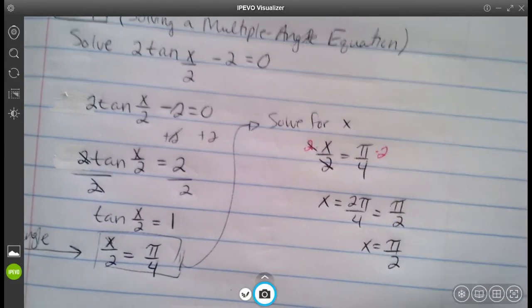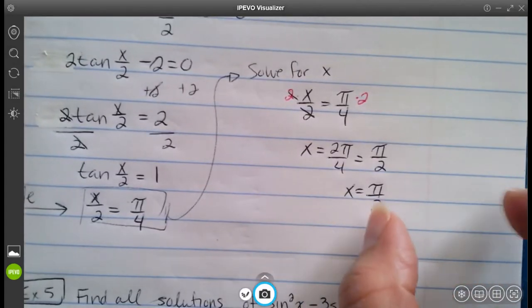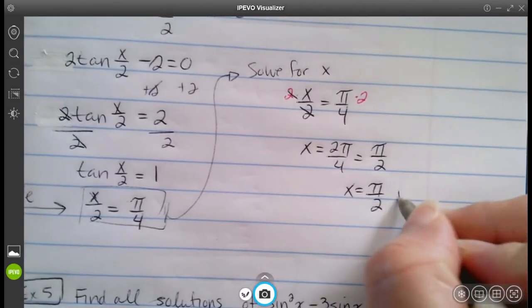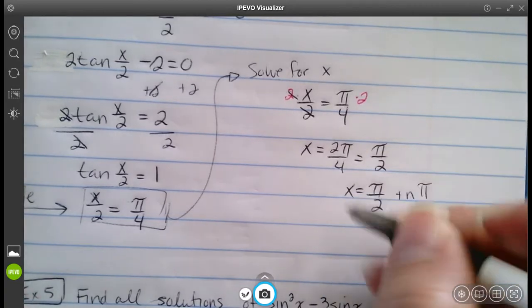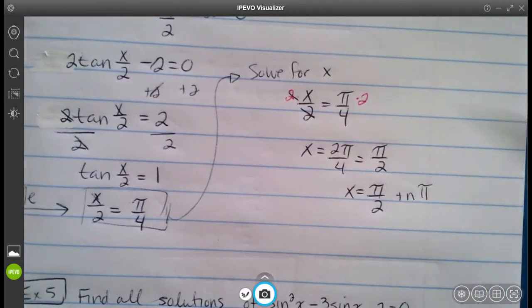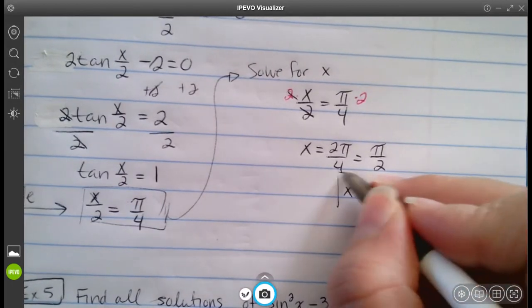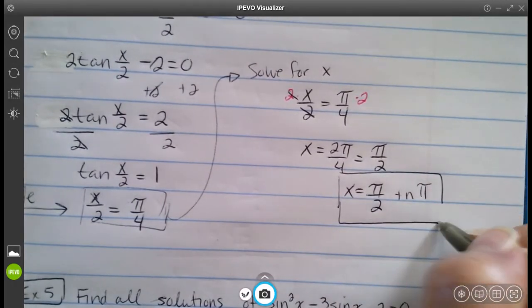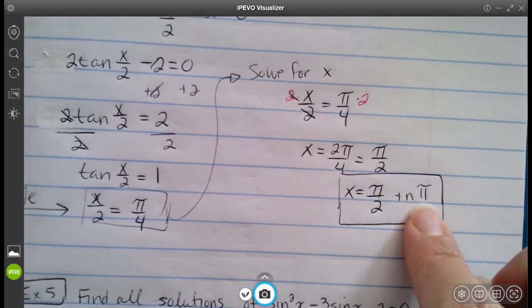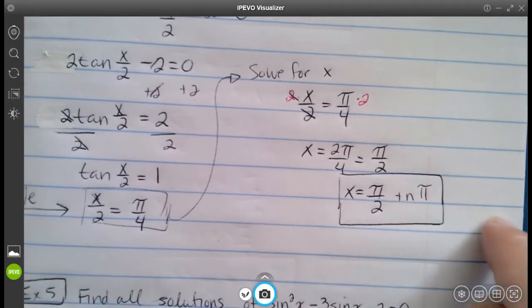And since this one did not ask for a specific range, we're going to say plus n pi. In other words, if I keep going down the graph of tangent, or if I use the unit circle and keep on doing revolutions, it will happen everywhere I have an integer multiple of pi from pi halves and on.